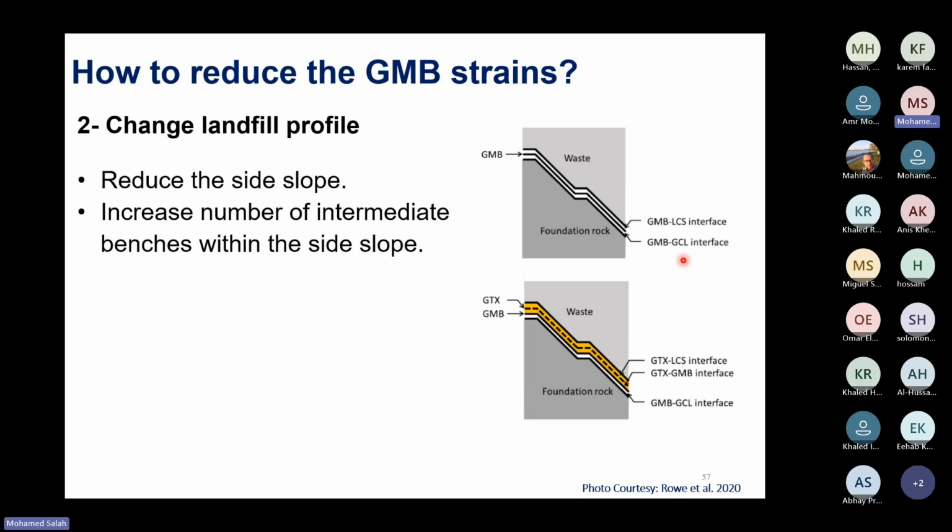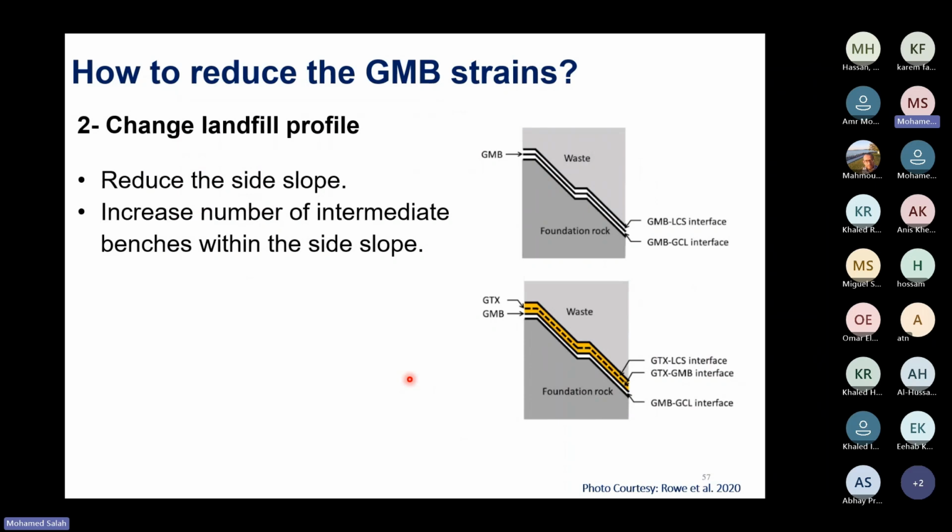Another simple solution is just to change the landfill profile. So if the design includes a mild slope, this will decrease the strain in the geomembrane. Another thing that could be used to decrease the strain is increasing the number of intermediate benches within the side slope.